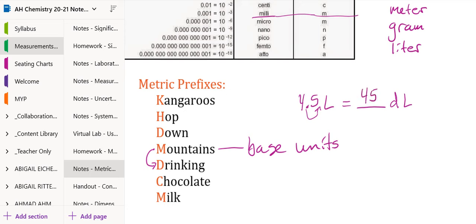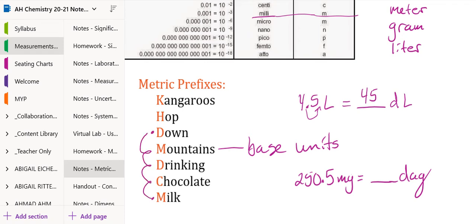What about 250.5 milligrams? How many decagrams is that? So if I'm starting at milli and I'm going to deca, which is bigger than our base unit, that's 1, 2, 3, 4 times. Am I multiplying or dividing by 10 4 times?